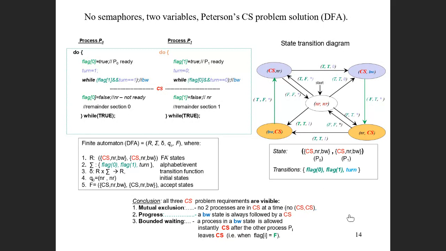When you look at the graphs, you may see that the transitions, which means the meaning of the arrows, are as follows: the first component is flag of 0, the second component of the transition is flag of 1, the third component is turn.